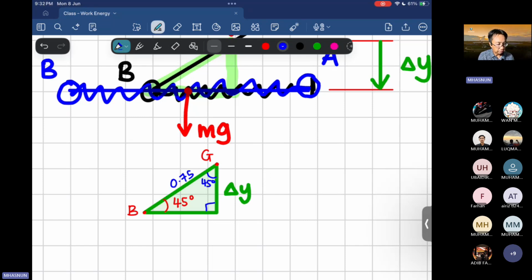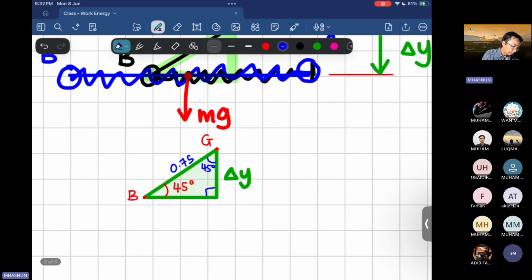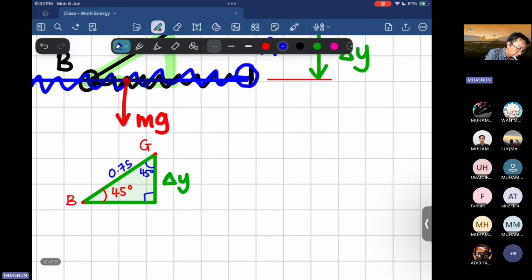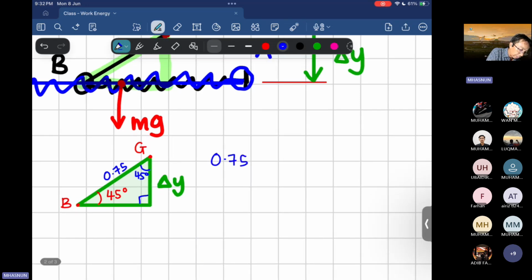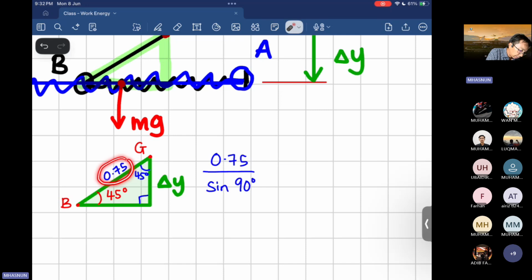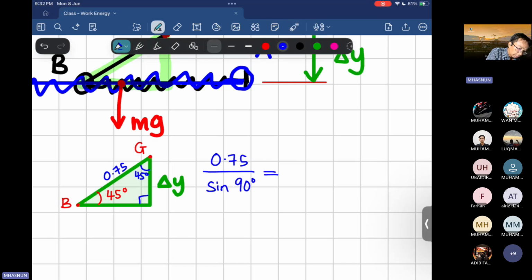Okay, we have enough information to get the value of delta y by using the sine rule. So we can use 0.75 divided by sine of 90 degrees. Okay, 0.75 is this side divided by the sine of the opposite angle, 90 degrees, is equal to delta y divided by the sine of its opposite angle, which is sine of 45 degrees.